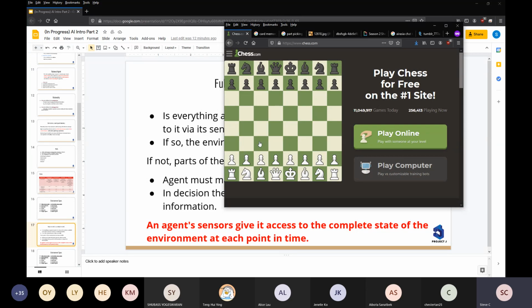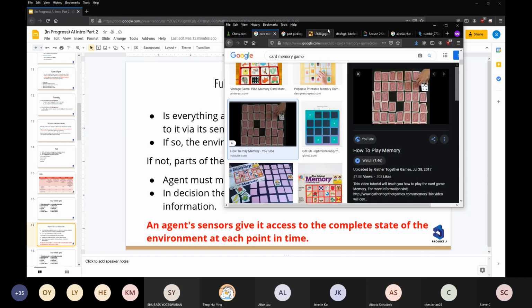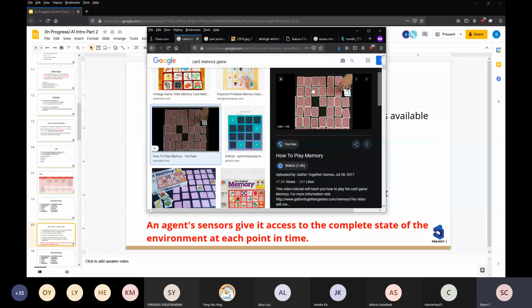Now, what about a partially observable environment? Some of you may know this game, a card memory game. Maybe you would call it a concentration game. In this environment, this whole set of cards are facing down.